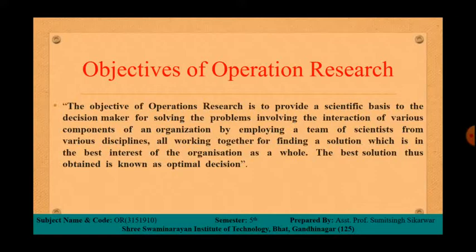The best solution thus obtained is known as the optimal solution. So these are the objectives: to achieve the best optimal solution in a scientific manner, taking a correct decision in favor of the organization so that it will help any organization to grow.